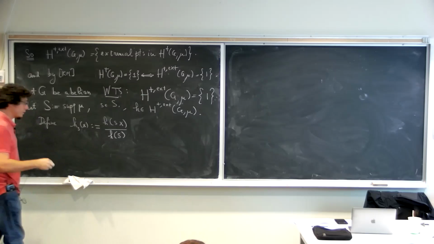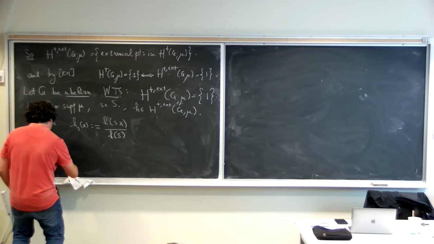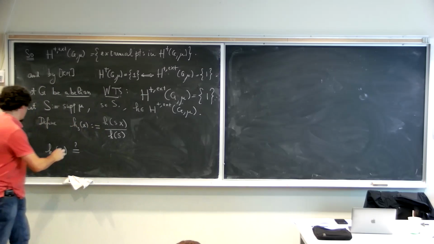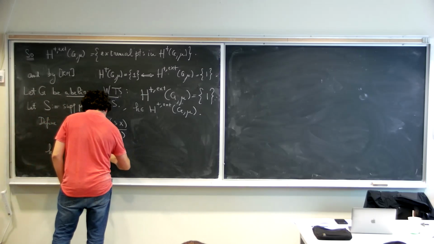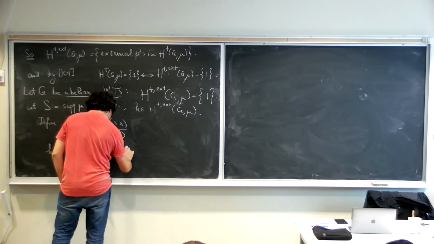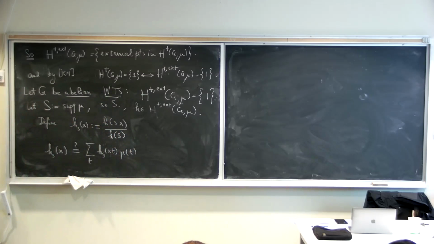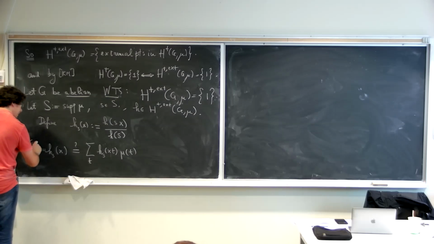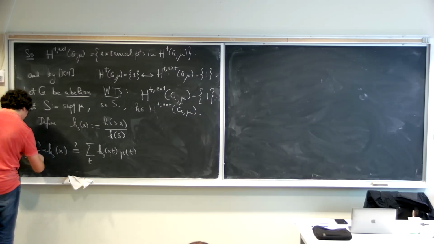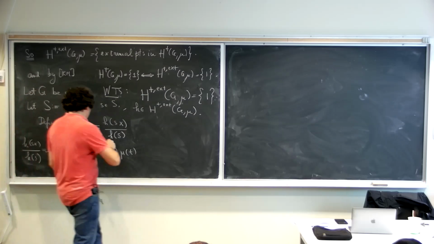This should be easier because now what do we want? We want HS of X to be the average of HS of Xt mu t. Okay. So this one is H of SX over H of S. Okay. And now let's see.